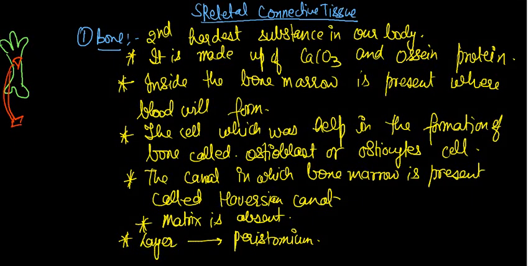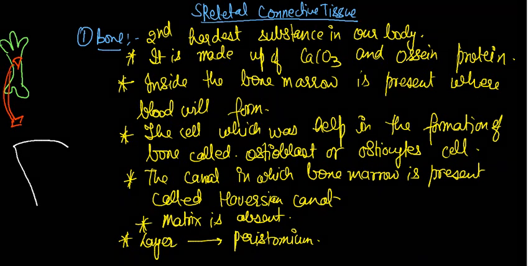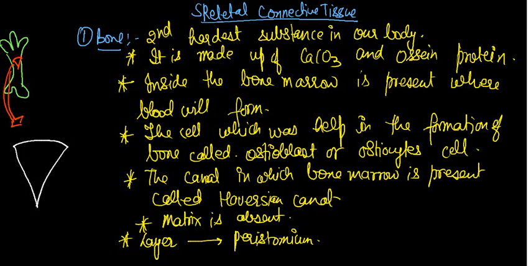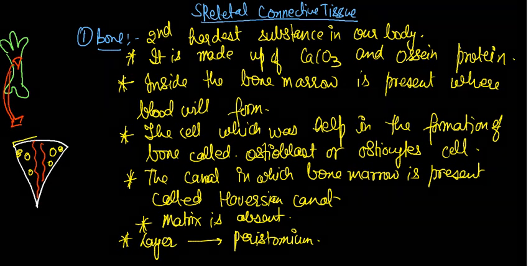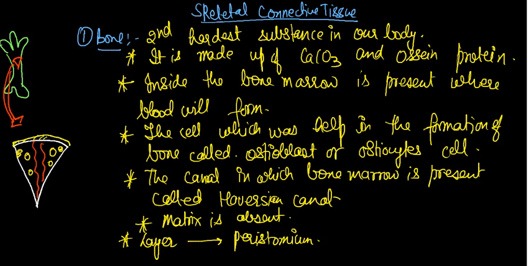Listen very carefully. In between, one cavity is present, and inside that there are so many cells present, and above that one layer is present. That layer is called periosteum. Okay, that canal is called Haversian canal.